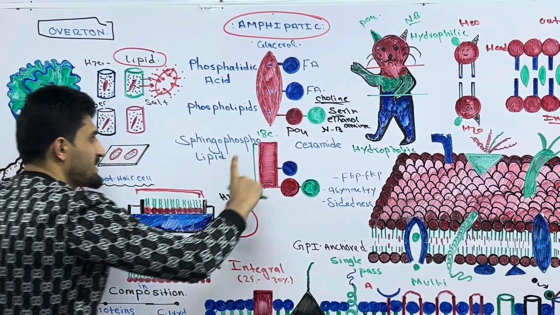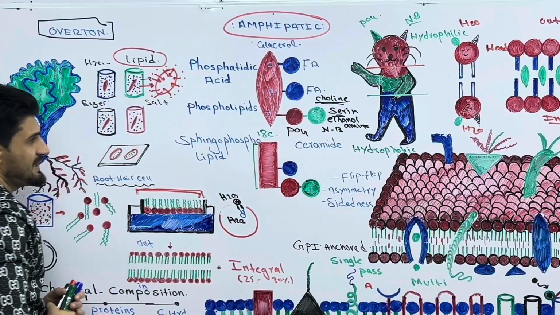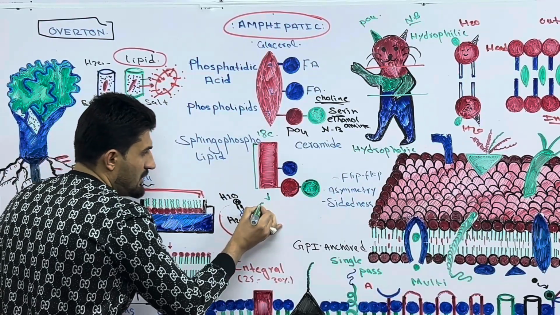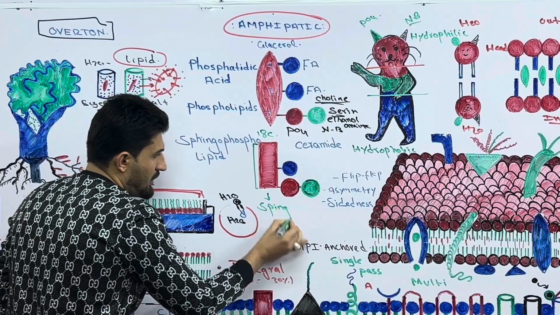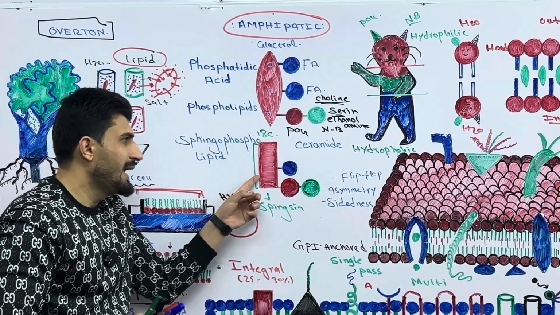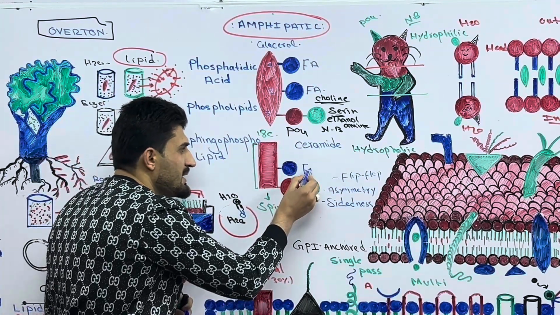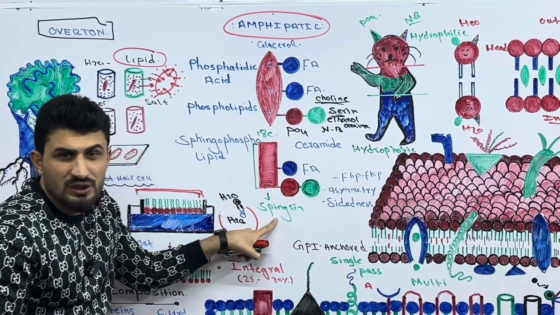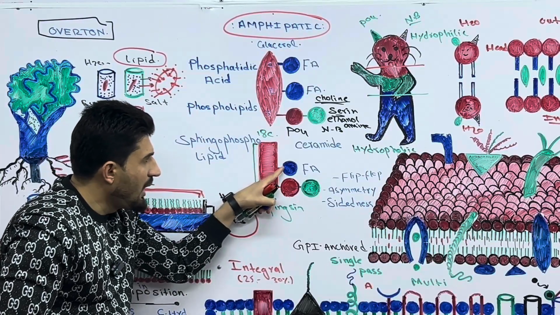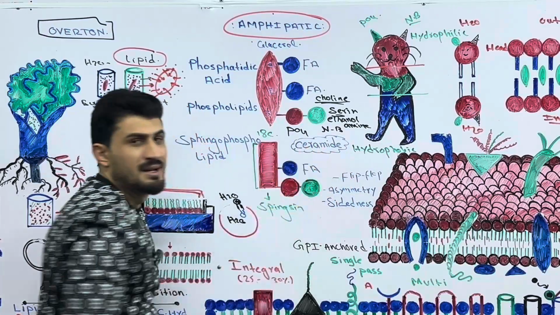Now, this structure, which has 18 carbons, is called sphingosine. Okay, now when we add a fatty acid to sphingosine, collectively these two are called ceramide.